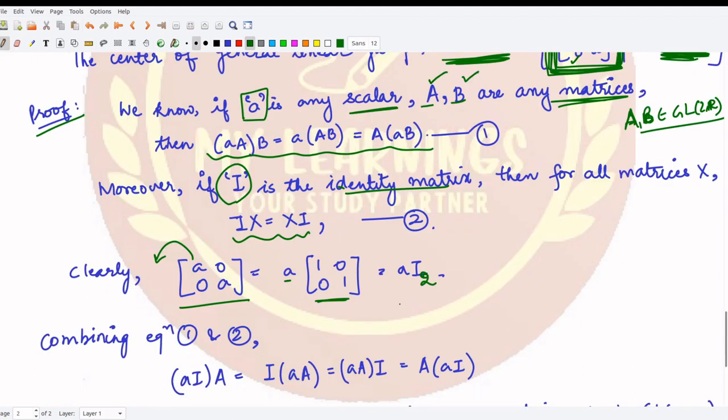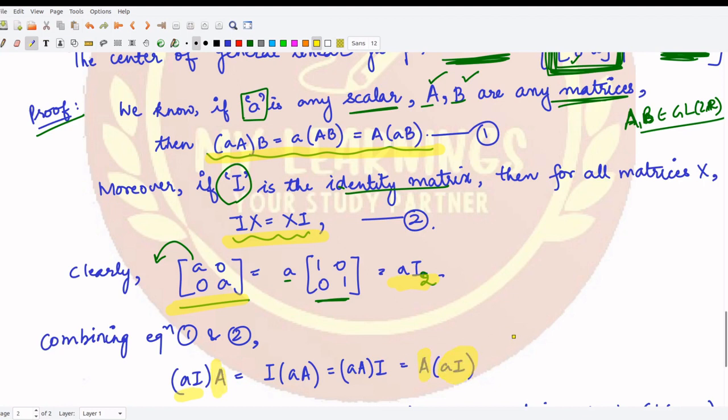So clearly combining these two results, now we wanted to prove that this matrix, which is nothing but A into I, commutes with all the other members of GL2, so this AI here commutes with all the other matrices.